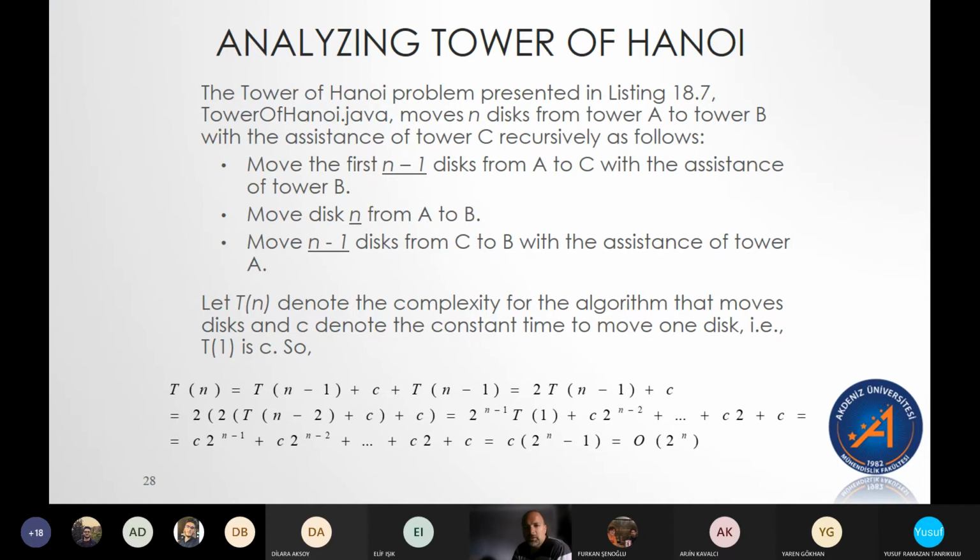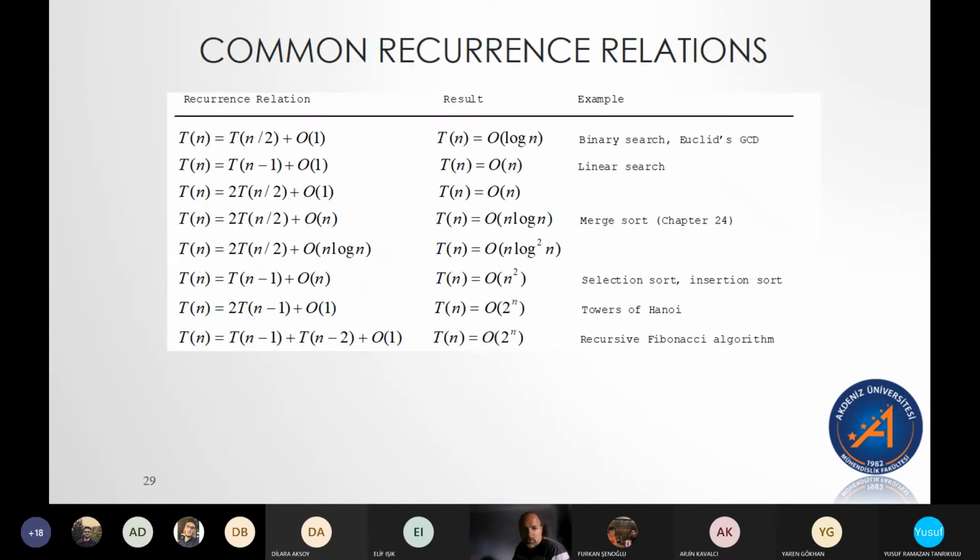So here are some common recurrence relations and how the big O stuff works. Your general searching, your binary search algorithm, is going to be running in around log n. Linear search is the only other one.